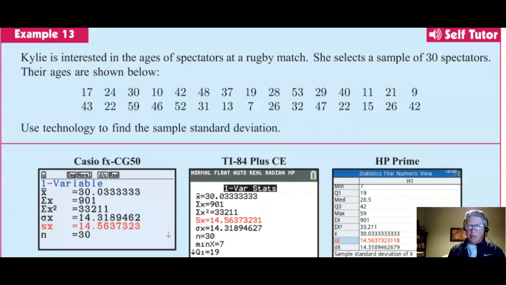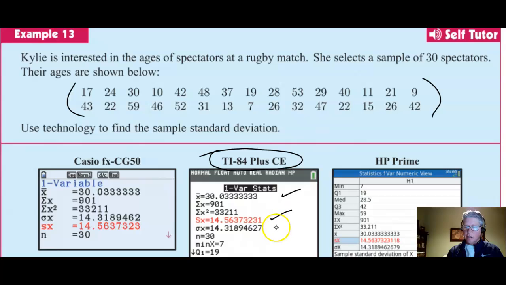Sometimes you really luck out and get a ton of numbers, and you are just plugging that in. The TI-84 is a popular graphing calculator. There's your mean, there's your sample standard deviation, and there's your population standard deviation.